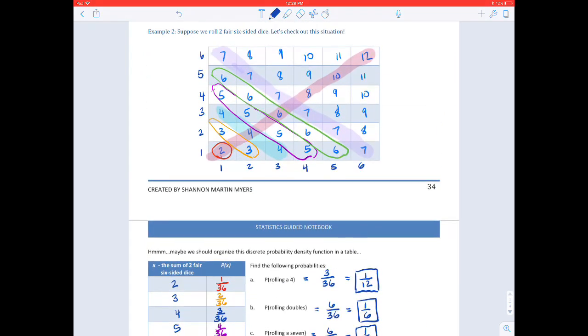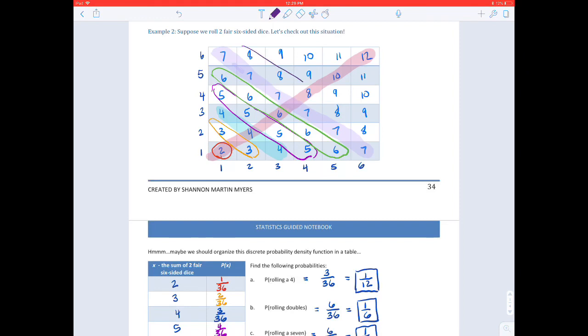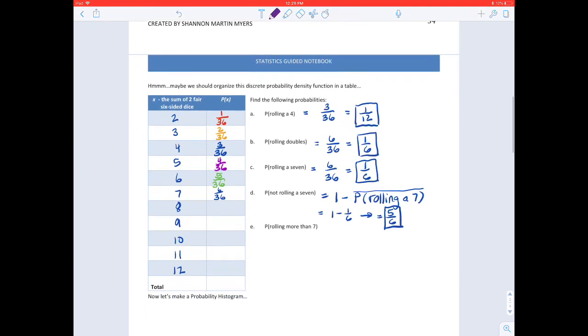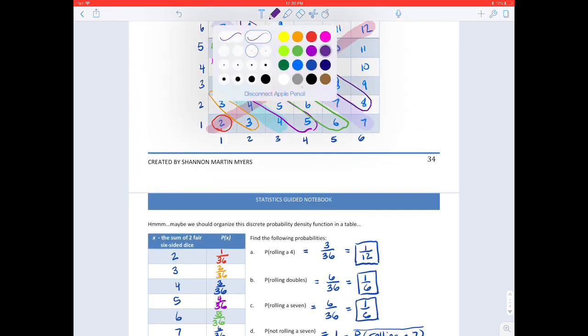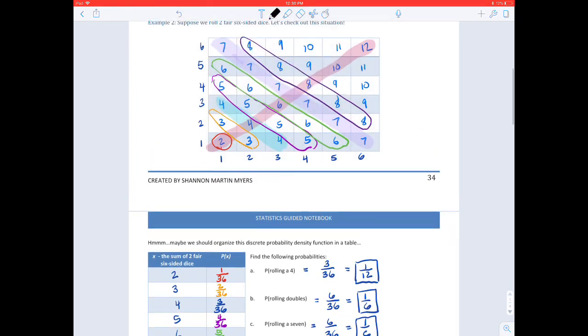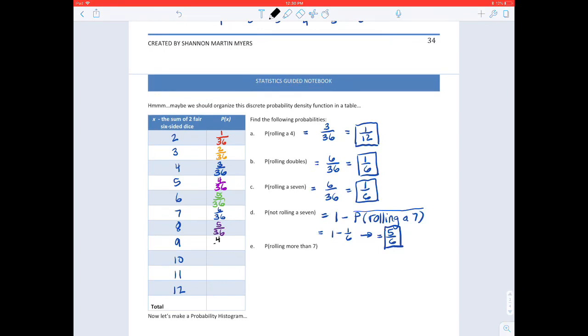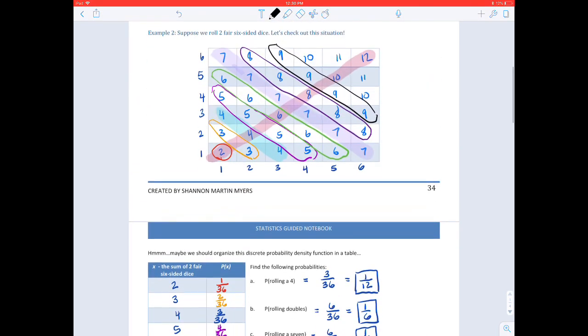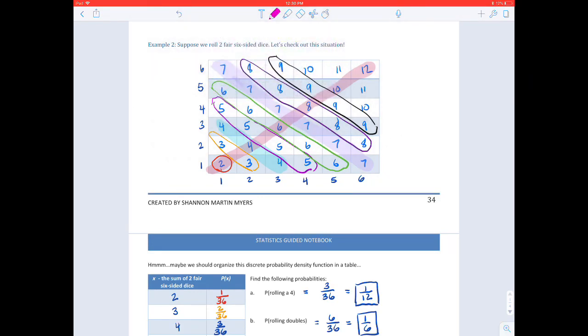And let's look at 8s. We can get 8s 5 ways. Nines we can get, running out of colors here, in 4 ways. Tens are, let's see, I don't think I used this one yet.